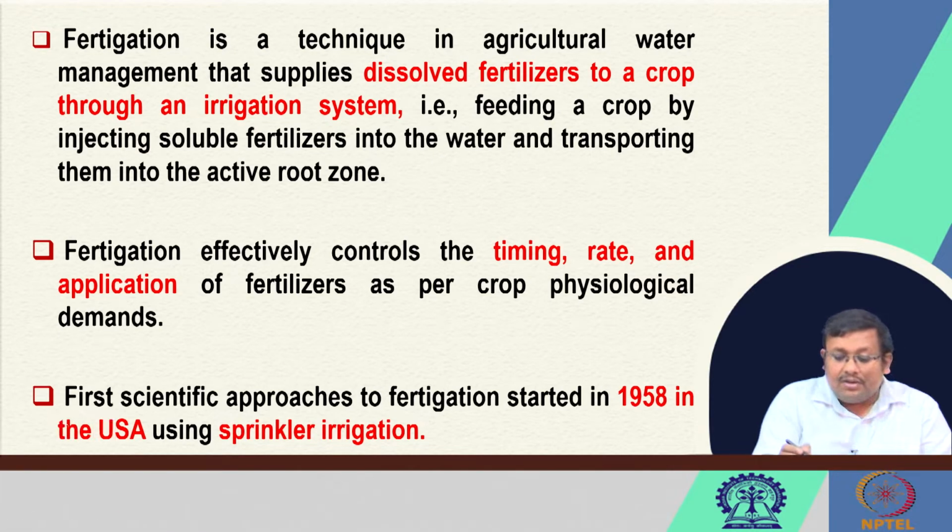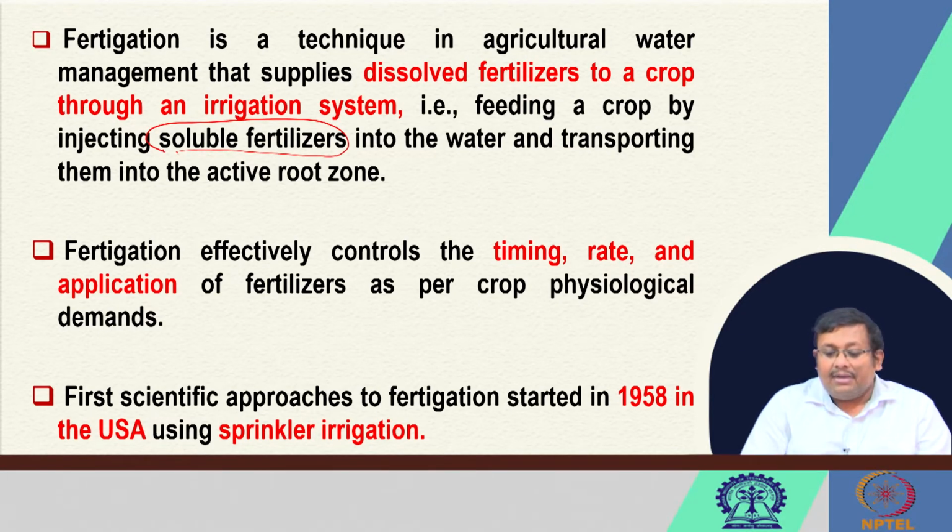This fertigation system always deals with soluble fertilizers, and basically feeds the crop by injecting them into the water and transporting them into the active root zone, so that they can be taken up by the plant.